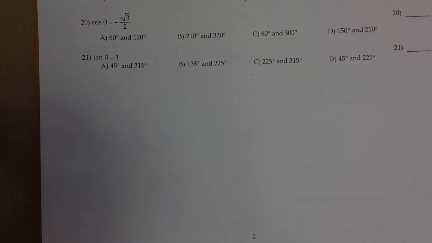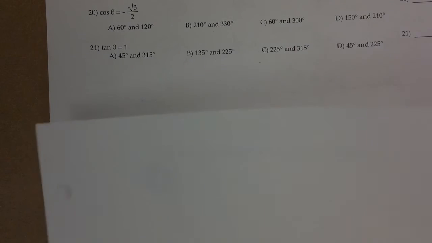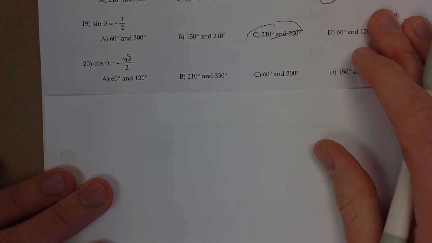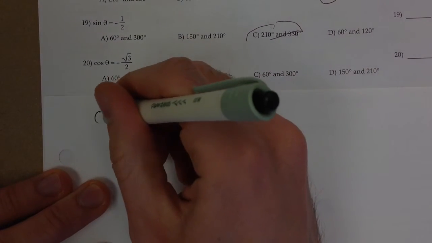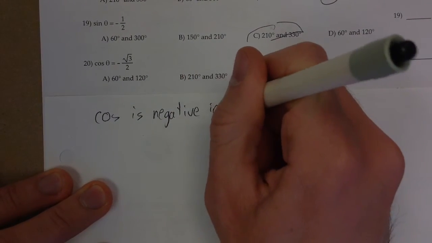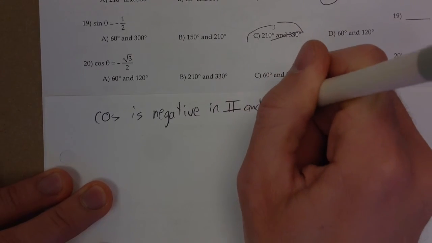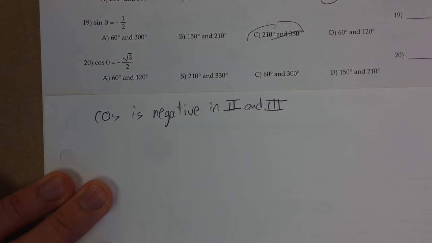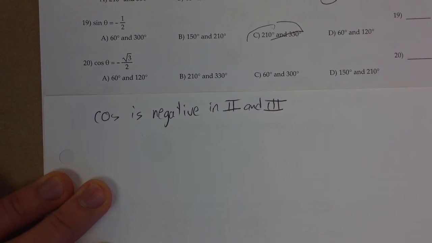Okay, 20, random helper is Julia. My first question for you is, when is cosine negative? Good. Okay, to get more people involved, I'll call on more people. Dan, when is cosine going to be positive root 3 over 2? No. For what acute angle is cosine root 3 over 2? 30, 45, or 60?